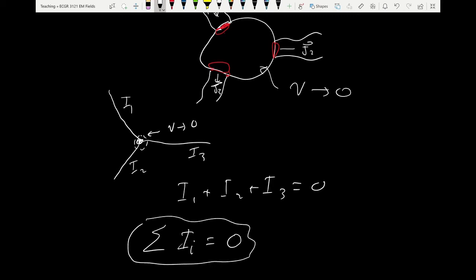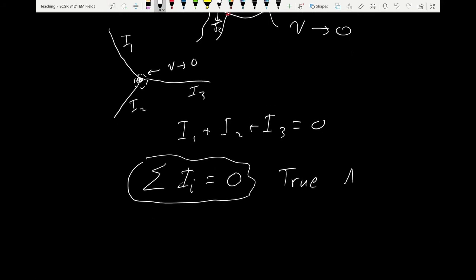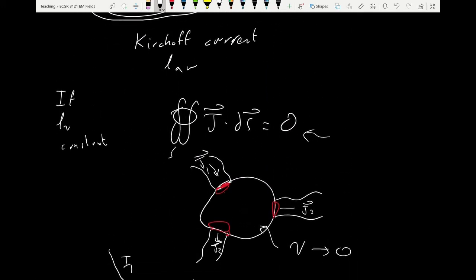Now, in the context of circuits, Kirchhoff's law is always true, even if the current is not steady. By the way, if rho v does not change within the volume, this is true always for steady current. If rho v changes, that's a different story.